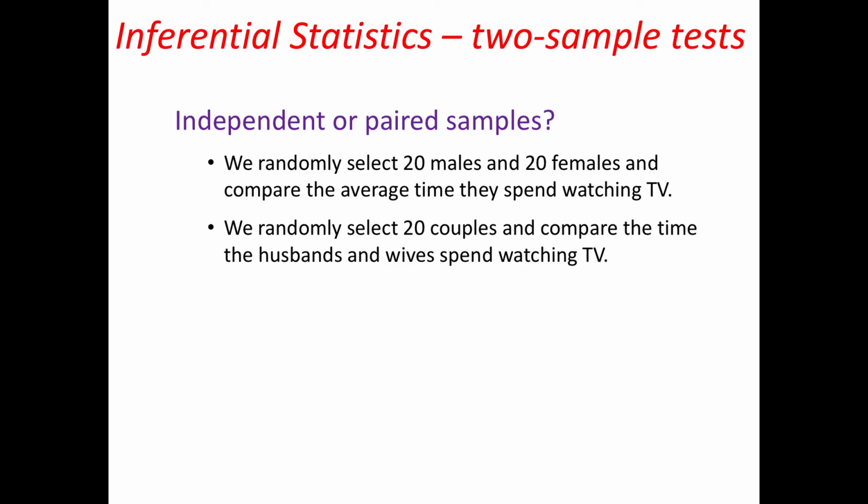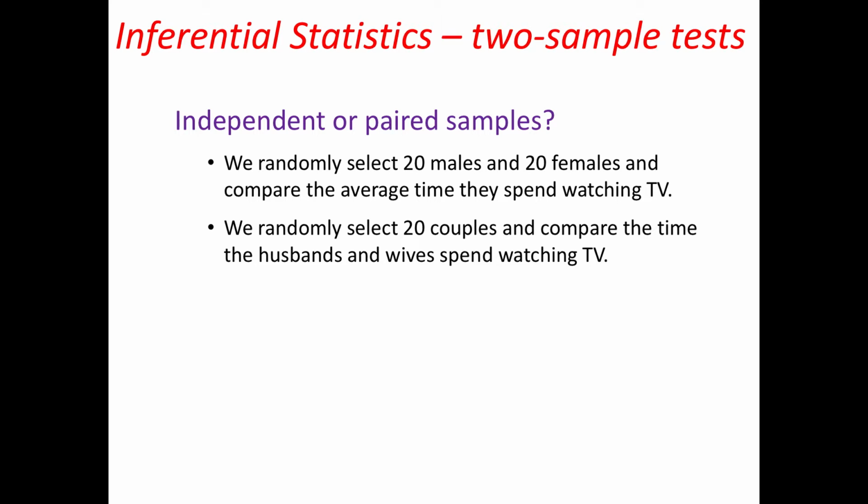In the next selection, we randomly select 20 couples and compare the time the husbands and wives spend watching TV. Is this independent or paired? These are paired because they depend on each other, because you're sampling couples.